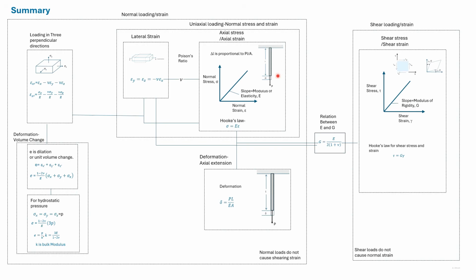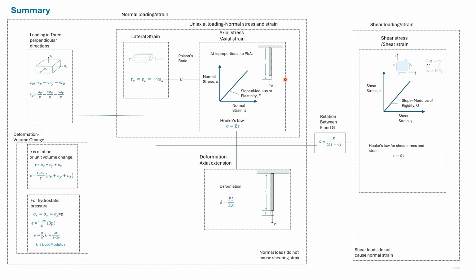Like normal strain, we get a relation between shear stress and shear strain. So tau is equal to G into gamma. G, E and nu are related, and we have shown how this relation can be built.